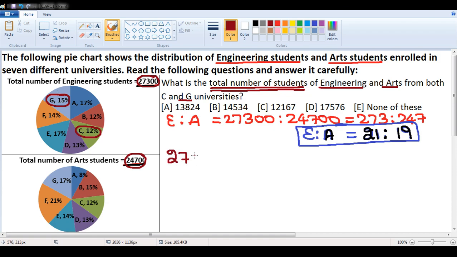So it is 27 by 100 into the total number of students, 27,300. The two zeros will cancel, right? And similarly, arts from C and G. C is 12%, G is 17%. So 17 plus 12 is 29 percent of 24,700. It is 29 into 247.